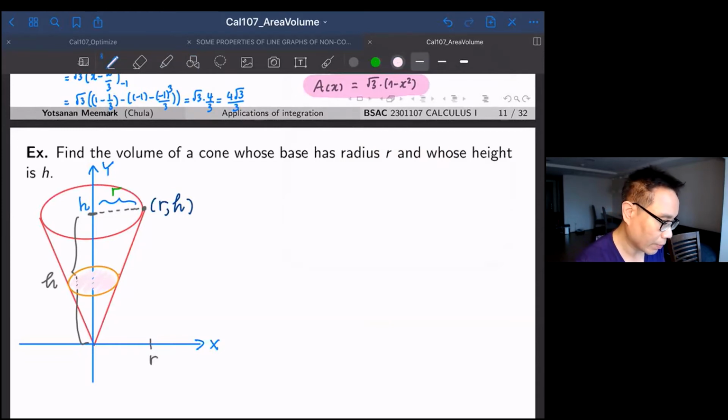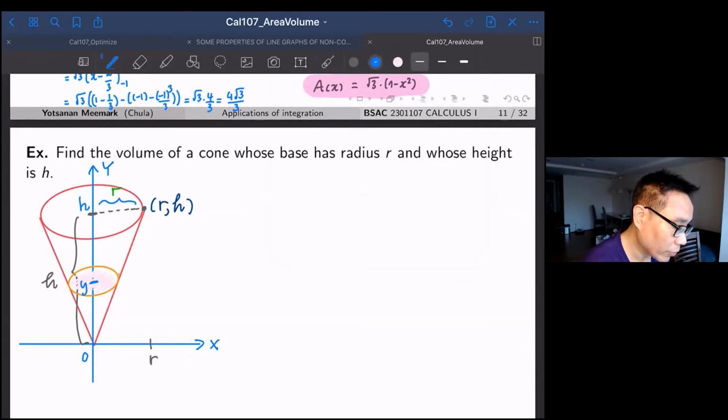So we're going to subdivide from 0 up to h. Here you subdivide along the y-axis, so you have the y-axis here, and you're going to subdivide this from 0 up to h. So you're going to integrate from 0 and stop at h.